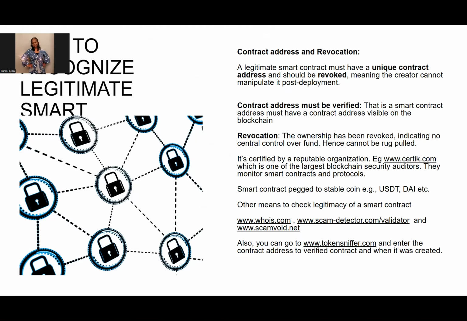What that means for checking the legitimacy of a smart contract, I will show you all of this towards the end of my presentation, so that way you'll be able to see everything. Also, you can go to tokensniffer.com and enter the contract address. It will tell you if it's verified, what day it was created, and let you know if it's been revoked.